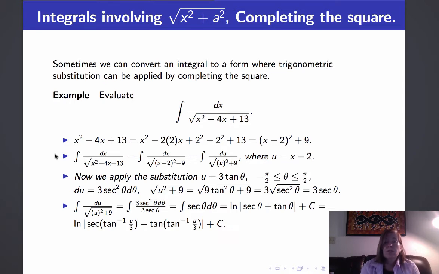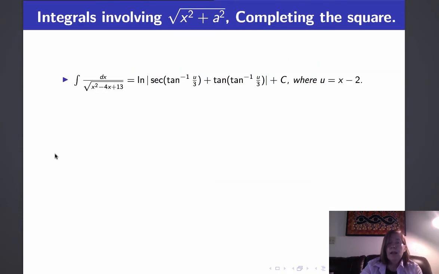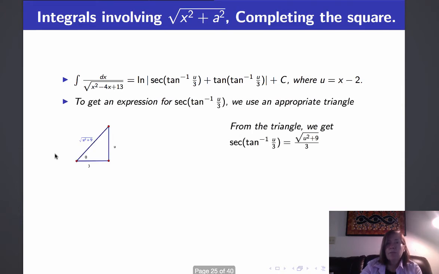This is equal to the natural log of secant of tan inverse of u over 3, remember theta is tan inverse of u over 3, plus tangent of tan inverse of u over 3. Now we'd like to write this in terms of u first, and then convert back to x.